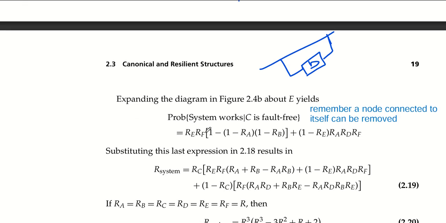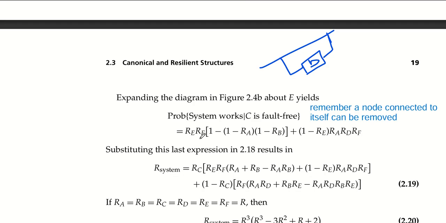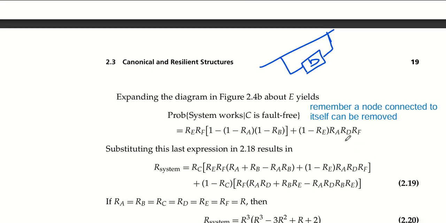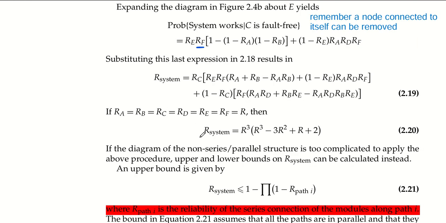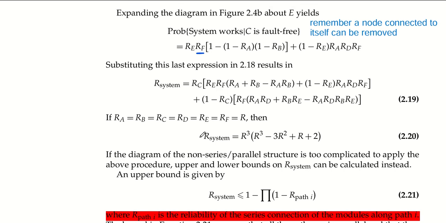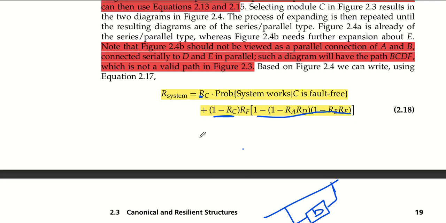So you can see that we are multiplying by F. But that was under the assumption that C was not working, and that's why you see the 1 minus C. So I think that will solve the issues with the first video.